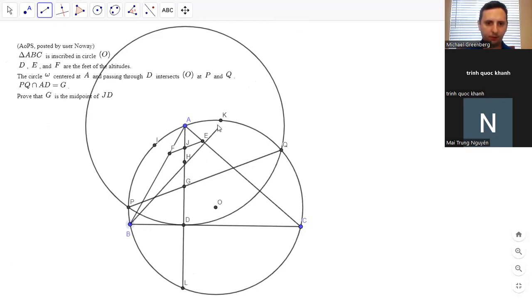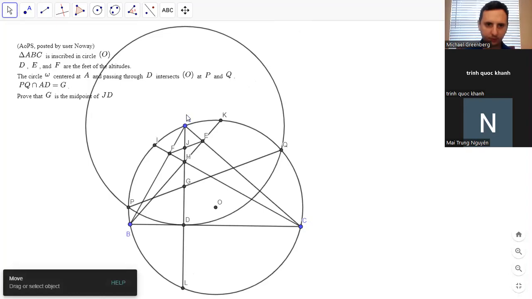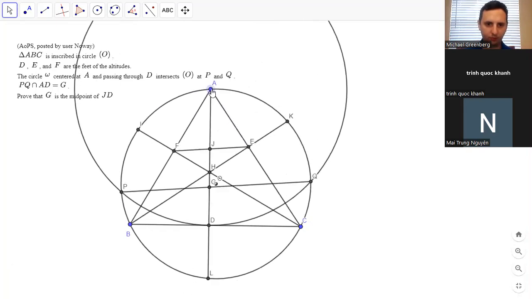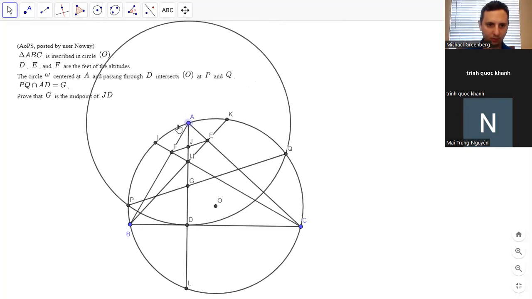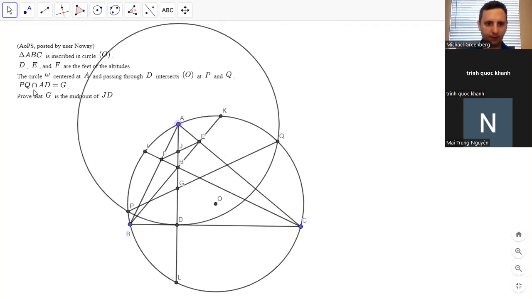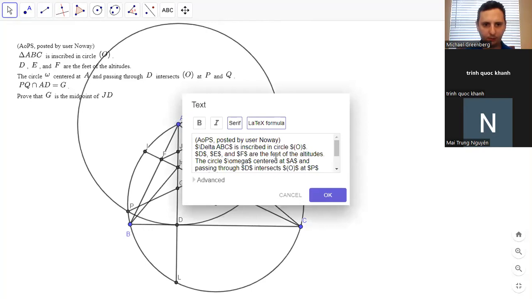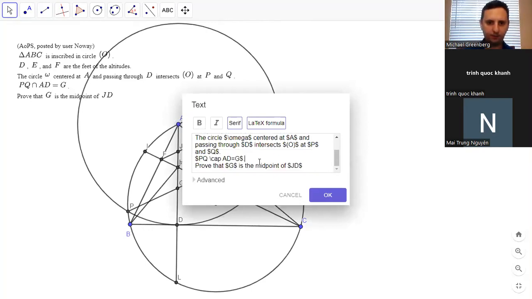It looks like PQ is parallel to EF. I don't know if that's obvious, or let's see if that's actually true. Yeah, it looks true. So PQ intersects AD at G, and EF intersects AD at J.